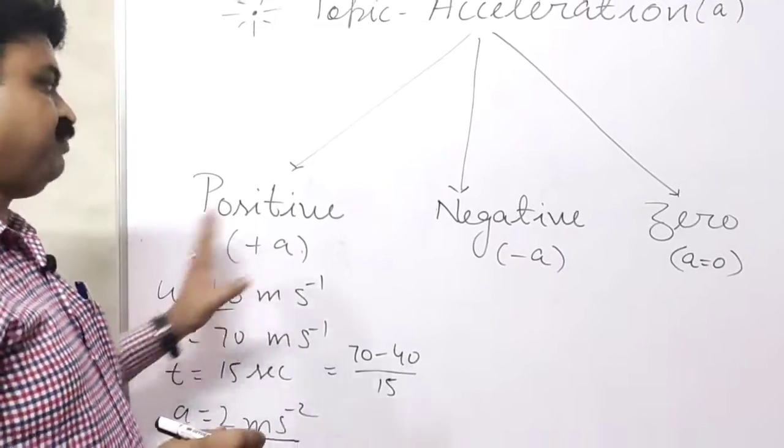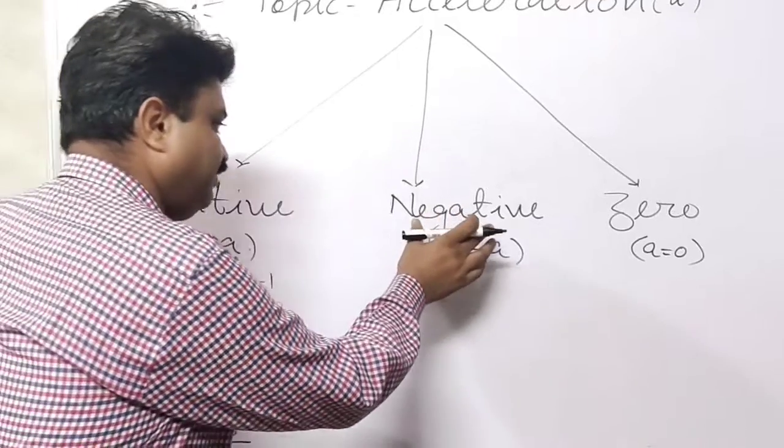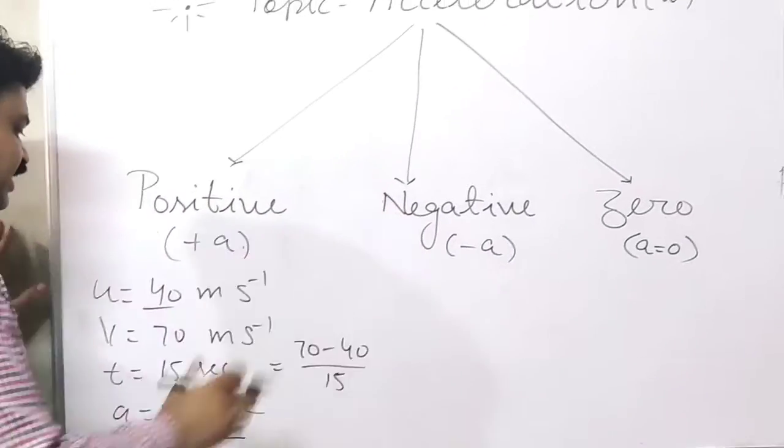Now we do just the opposite of it. How do we get negative acceleration?